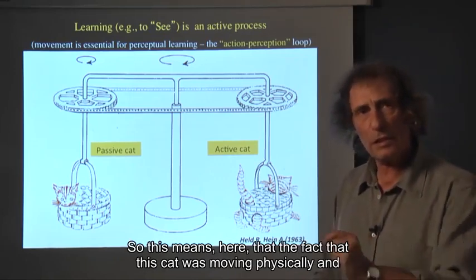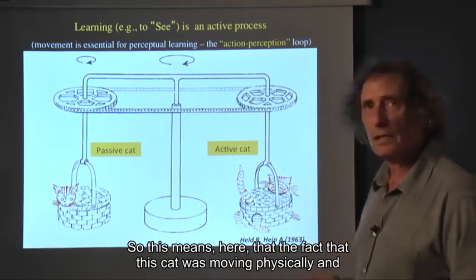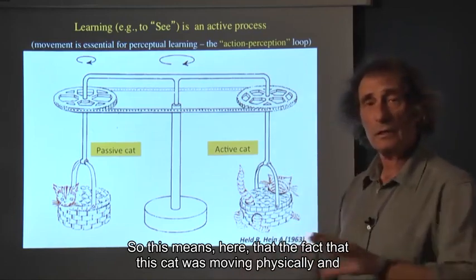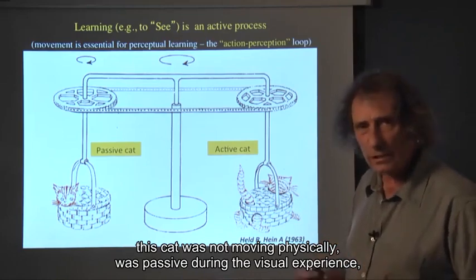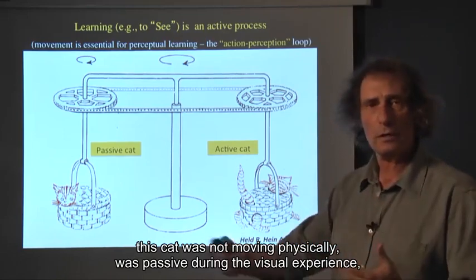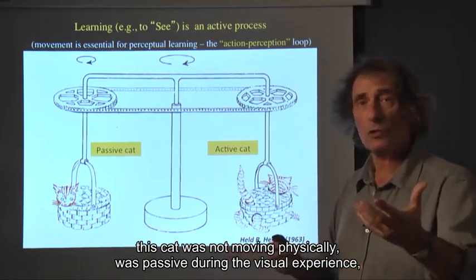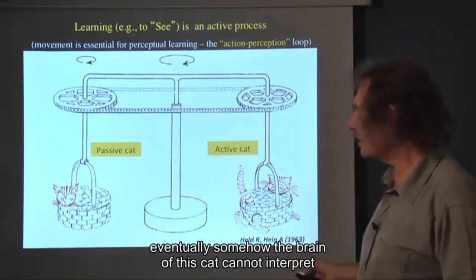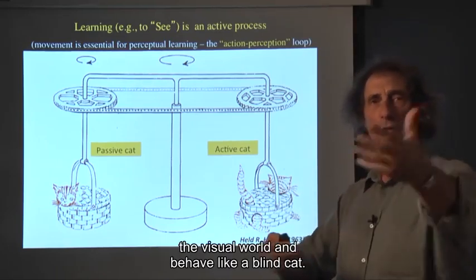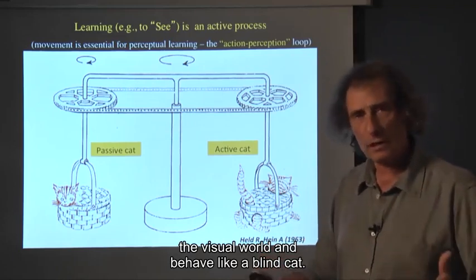So this means that the fact that this cat was moving physically and this cat was not moving physically, it was passive during the visual experience, eventually, somehow, the brain of this cat cannot interpret the visual world, and he behaves like a blind cat.